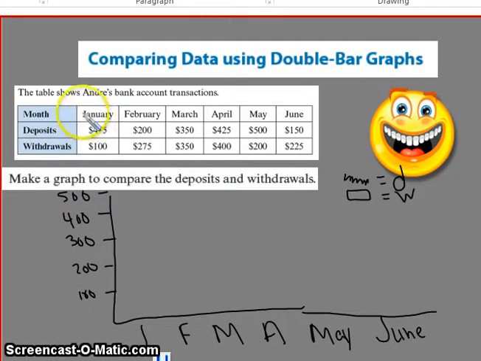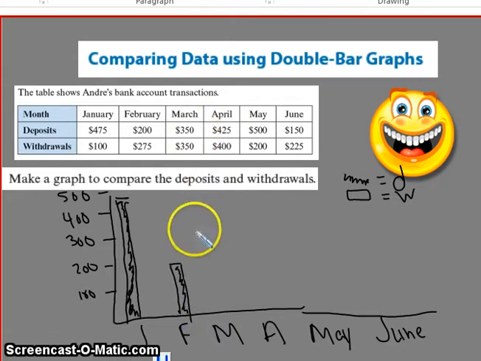Alright, now I'm going to start with deposits. In January, he deposited $475. So I need a bar that represents $475. Now halfway between 400 and 500 would be 450. So I'm going to make this my 475 bar. And since it's a deposit, I'm going to color it in. I know this is an ugly graph, please forgive me. Alright, now in February, he deposited $200. So $200 would be about right there. Make my bar, and since it's a deposit, I'll color it in.